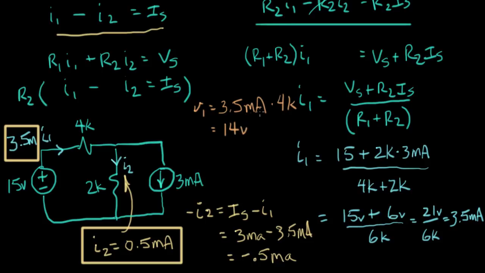Whenever you multiply milliamps times K ohms, those units cancel and you get volts. So V1 equals 14 volts.